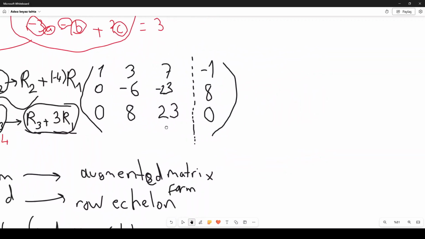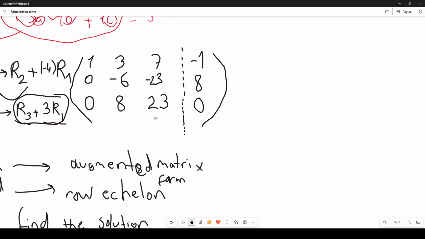Now, after the first iteration, I got this matrix, okay? And you see, I am slowly approaching my goal by using the first pivotal element, which was 1 in the first row. I turned the values below the pivotal element into 0, right?